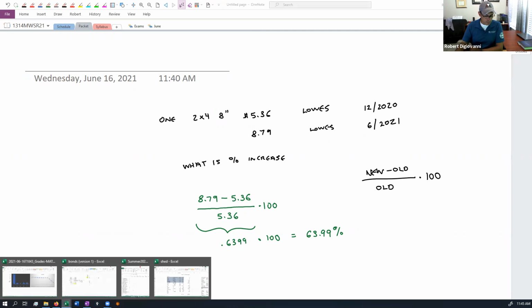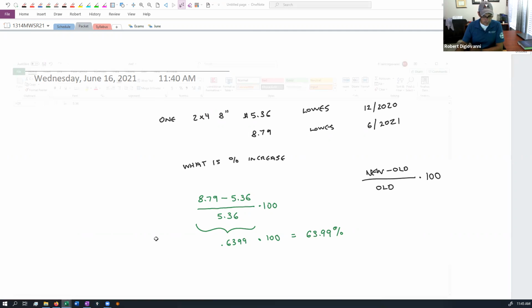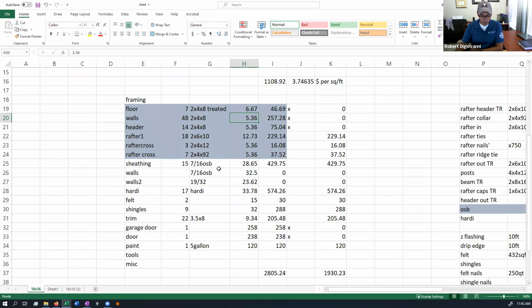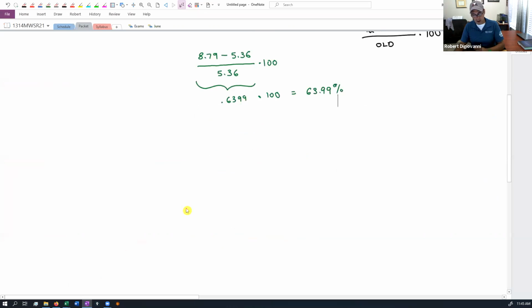Let's do one more because this is fun. It's not fun, but okay. I also had to buy the sheathing, which is the stuff that goes on the roof. And I had to buy 15 sheets. They were $28.65.